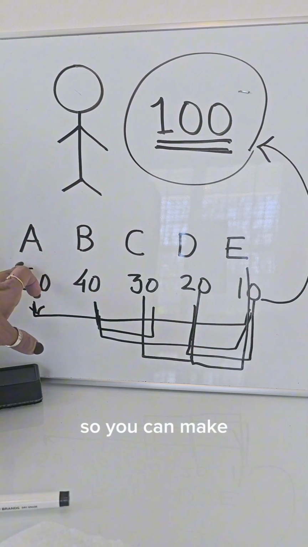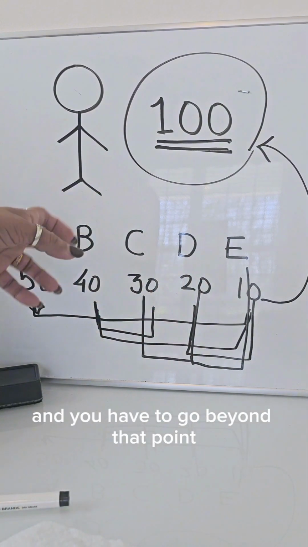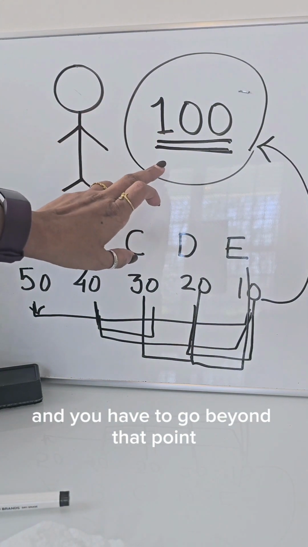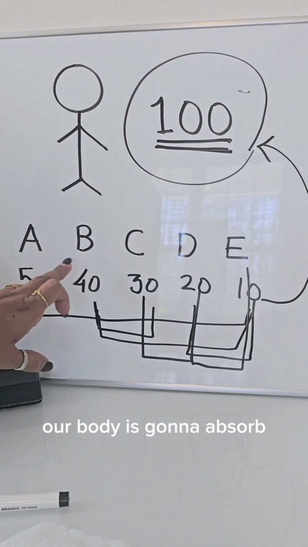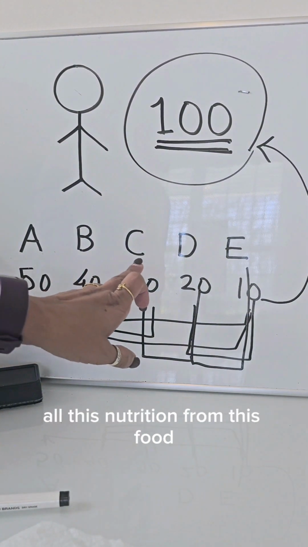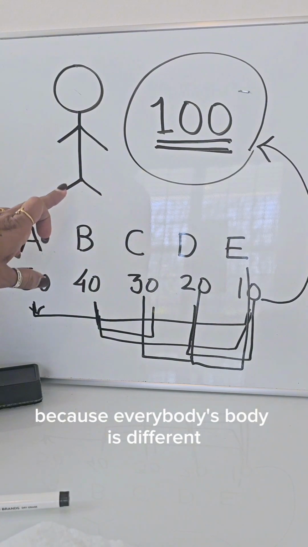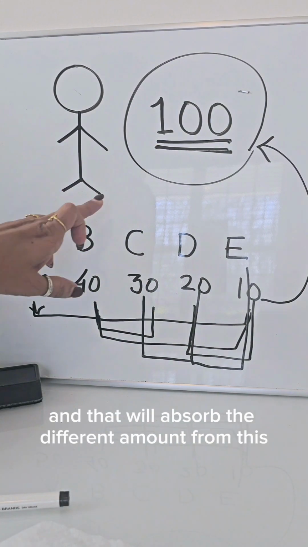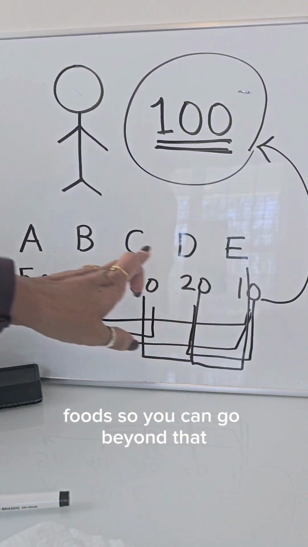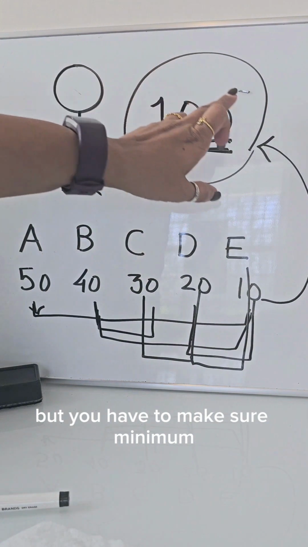So you can make combinations of these foods accordingly. And you should go beyond that point because we don't know how much of this nutrition our body is going to absorb from this food, because everybody's body is different and will absorb a different amount from these foods. So you can go beyond that, but you have to make sure you are getting a minimum of these 100 points.